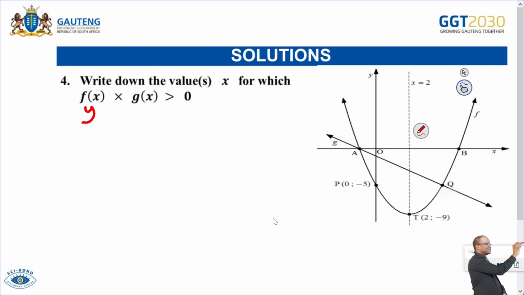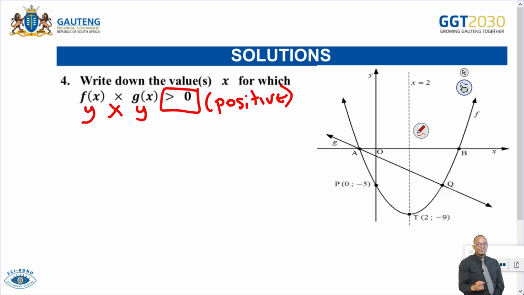Also here, g of x is y. And then if you multiply these two values of y, you must have a positive sign. Remember, any number that is greater than 0 is positive, correct?